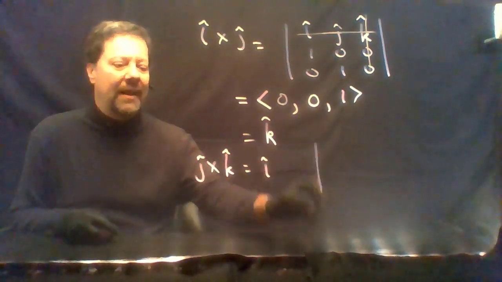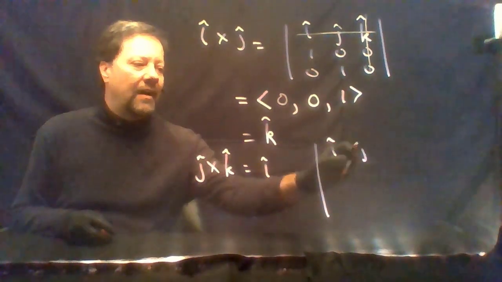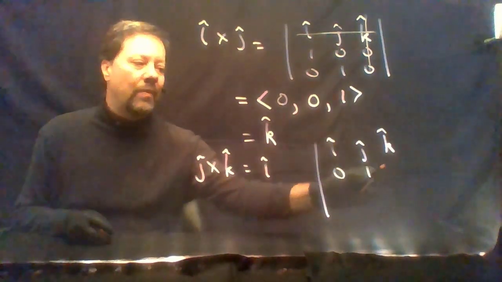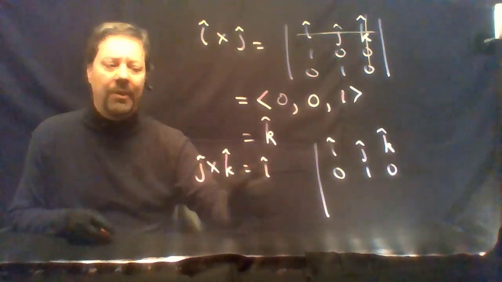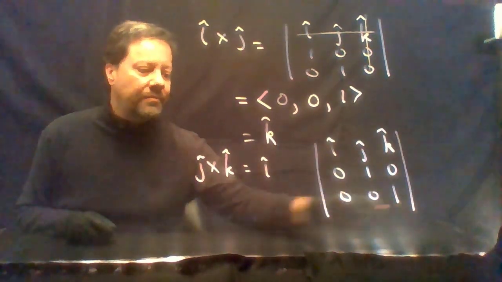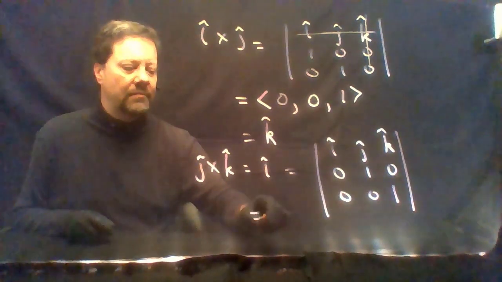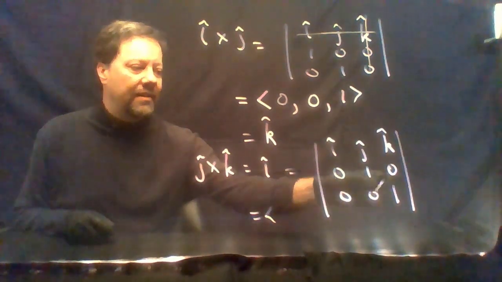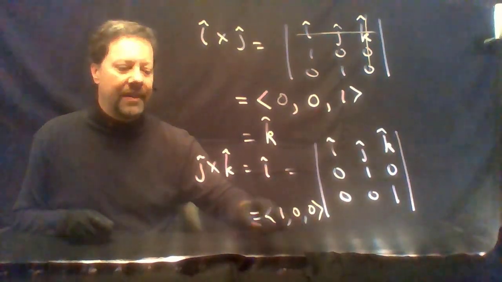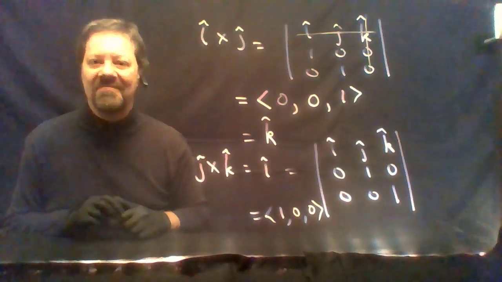We can prove this otherwise. i, j, k, the components of j are 0, 1, 0, and the components of k are 0, 0, 1. You can see that you'll get 1 in the first coordinate and 0 for the other two. That's i.